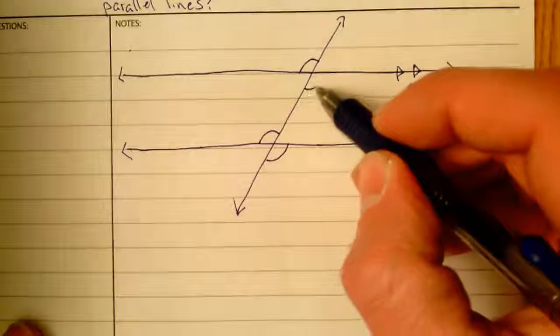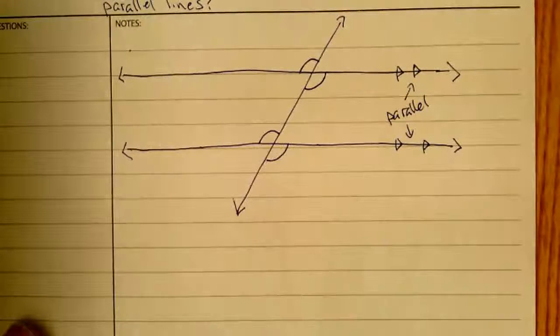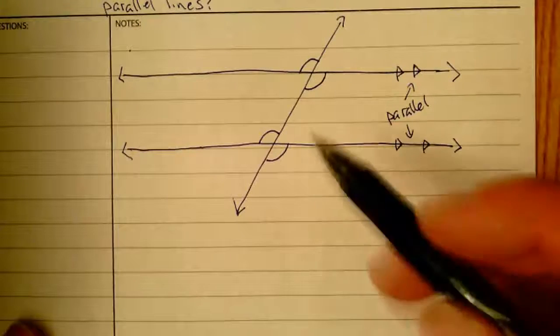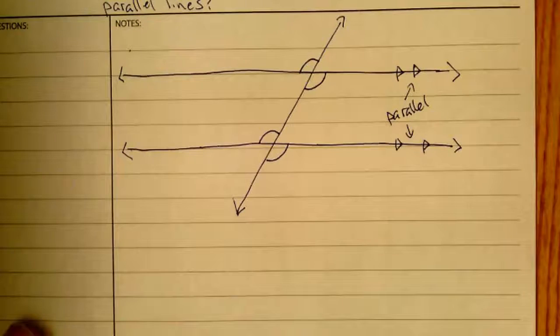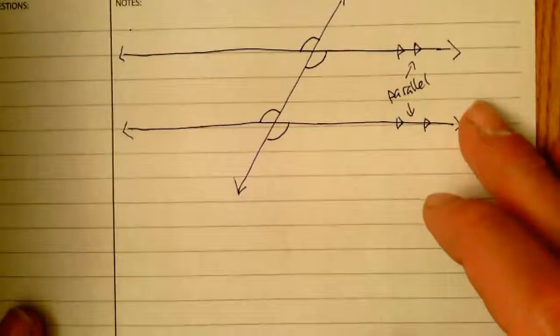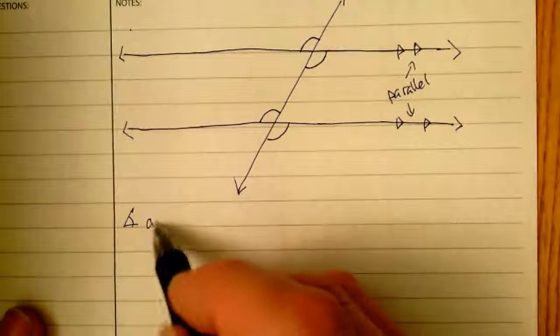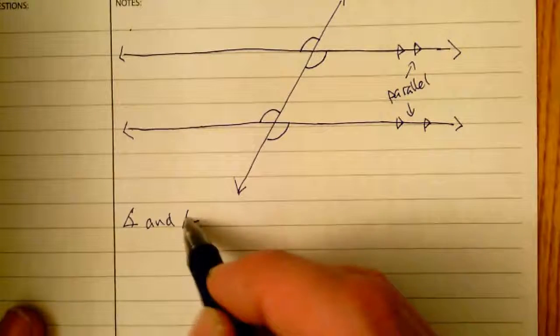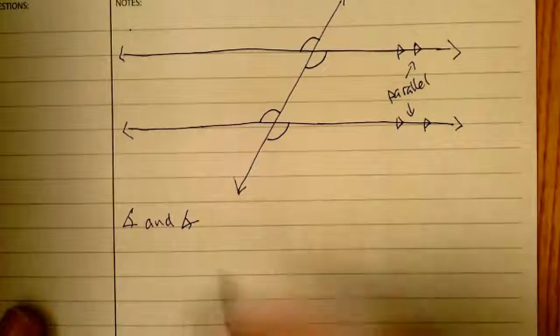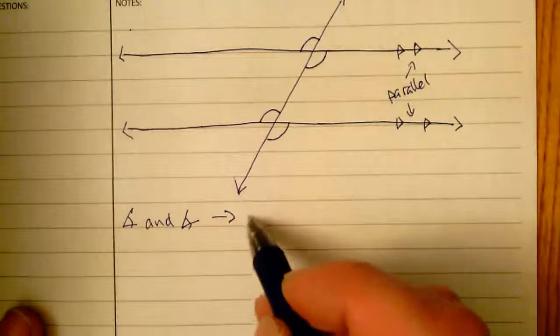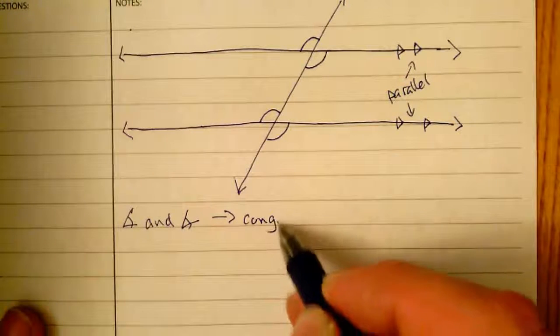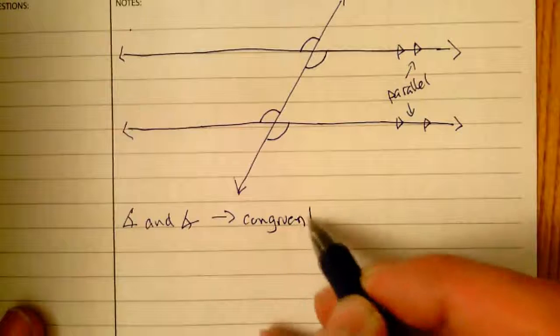And this angle here being vertical angles with the original, they're congruent. So all those four angles are the same measure, all the same. So we'll make a little note here. Congruent.